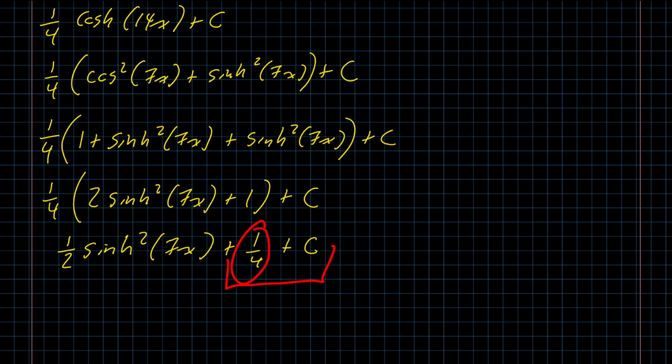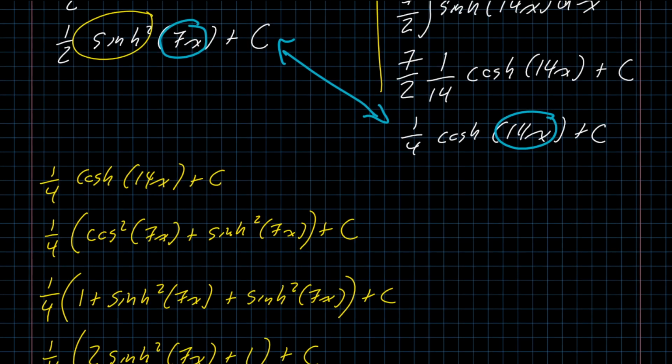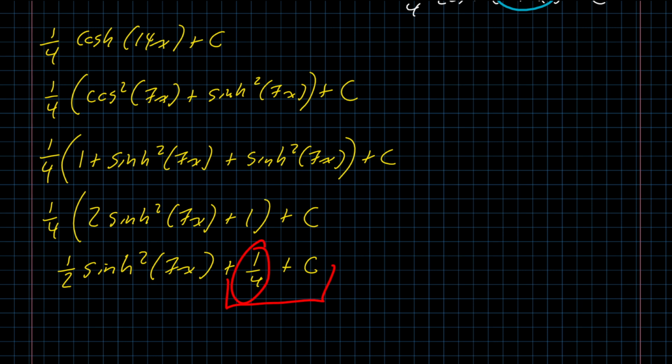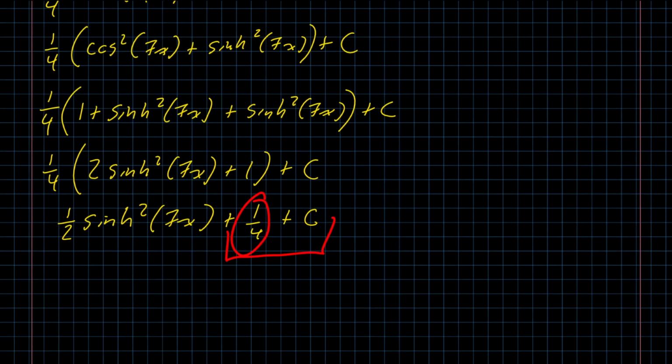All that's really telling us is that the arbitrary constant in this expression is different from the arbitrary constant in that expression. If we just take the arbitrary constant in the yellow expression and subtract 1/4 from it, then we get the arbitrary constant in the other expression, because we have the extra 1/4 here.